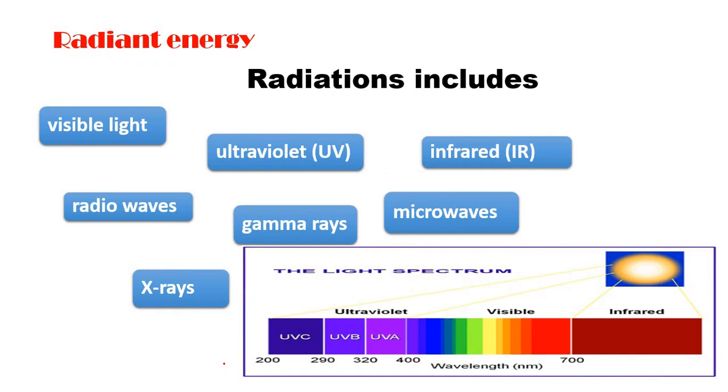Radiant energy includes many kinds of waves. The waves of visible light, the radio waves, ultraviolet waves, infrared, gamma rays, the microwaves, and the X-rays we have seen a second ago.